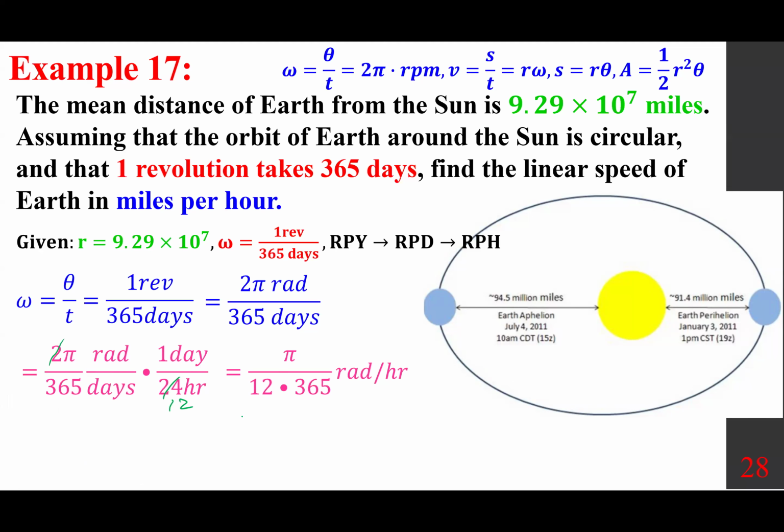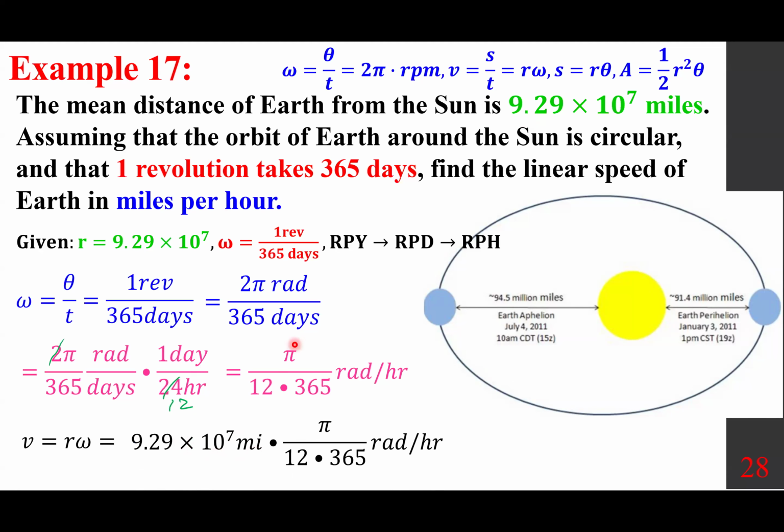And V equals R omega, everybody. So V equals R, which is this number, 9.29 times 10 to the power of 7, times omega, which is this number. V equals R omega, plug in. So R is 9.29 times 10 to the power of 7 miles.